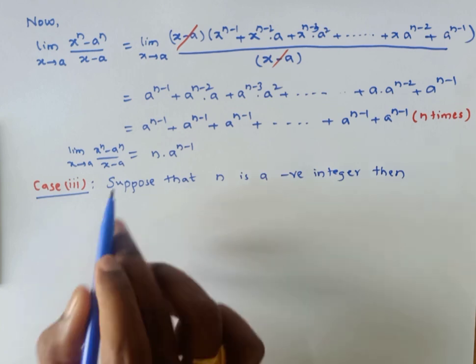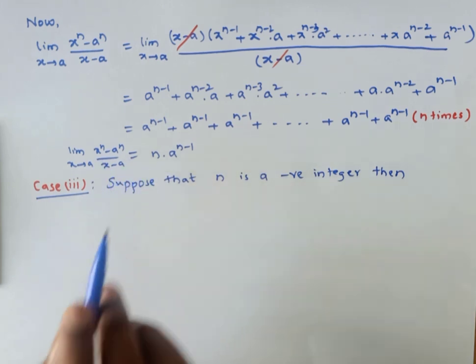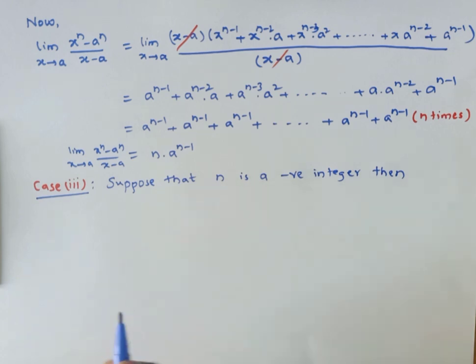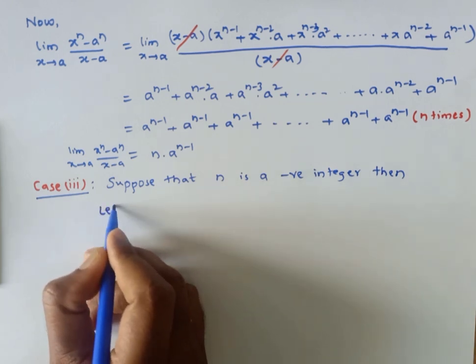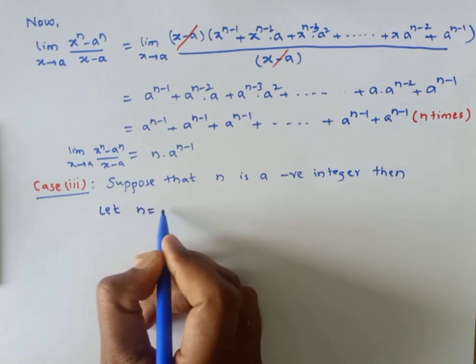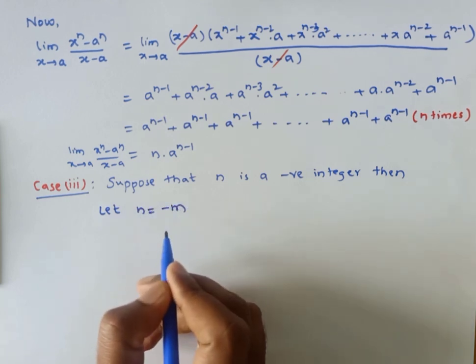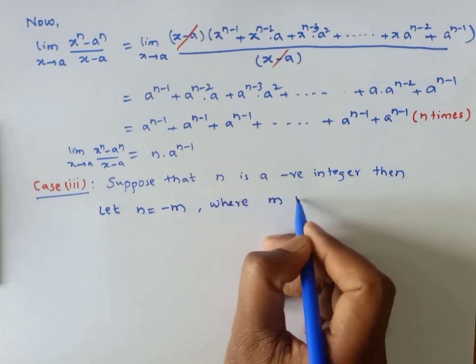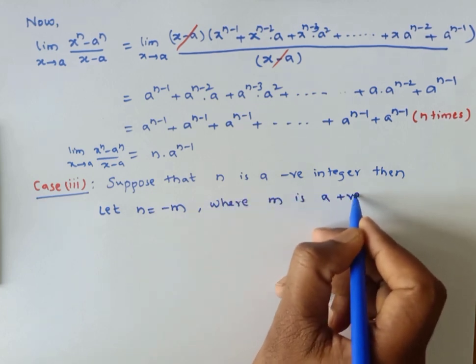Then we have to show that limit of x power n minus a power n by x minus a is also n into a to the power of n minus 1. So for that we need to consider n as a negative number. So let us consider the number n is negative, so that it is minus m, where m is a positive integer.